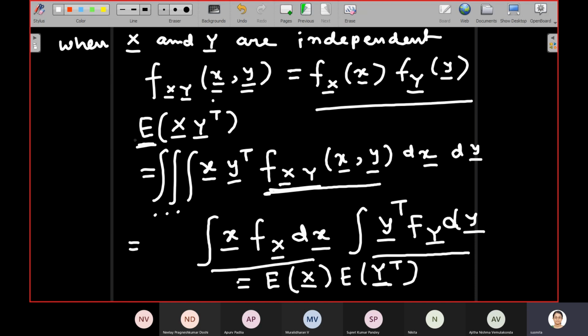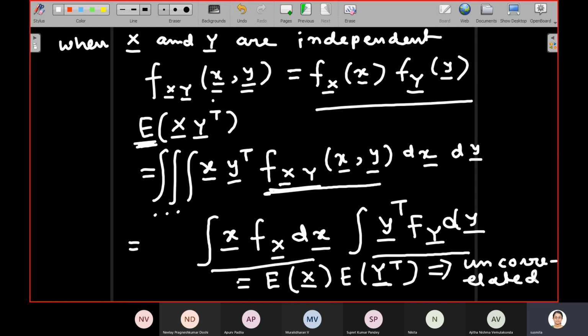Now when we can write that the expectation of the product is the product of individual expectations, then the two random variables or random vectors are called uncorrelated. So whatever we have discussed here with random vectors also holds for random variables.